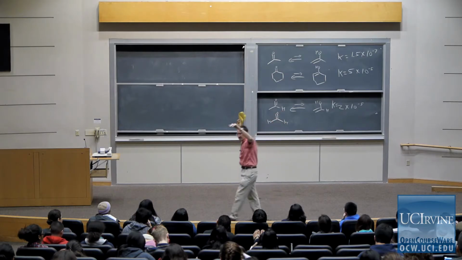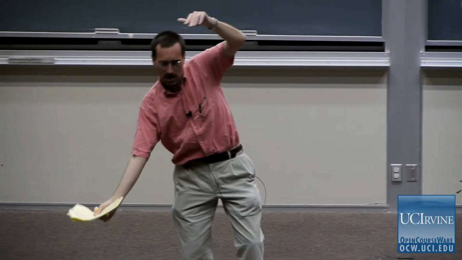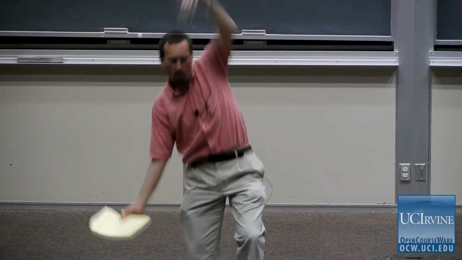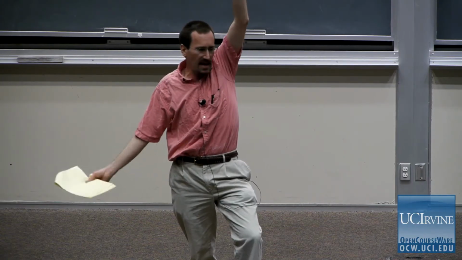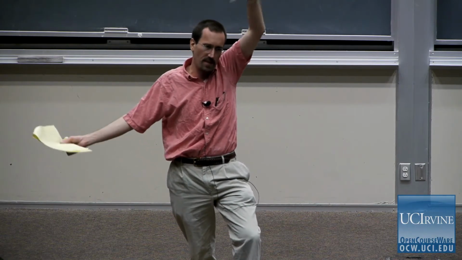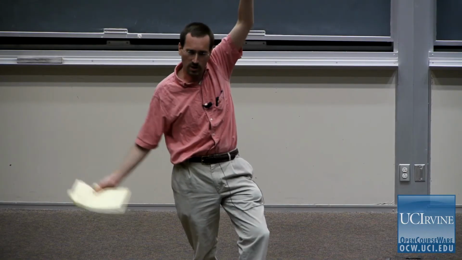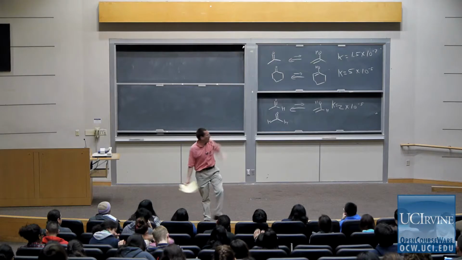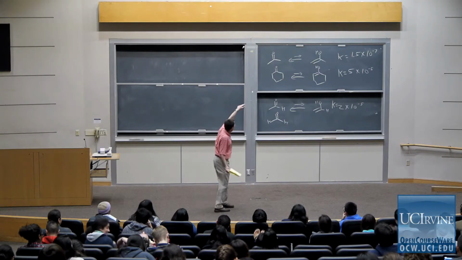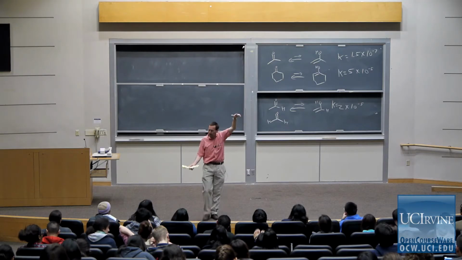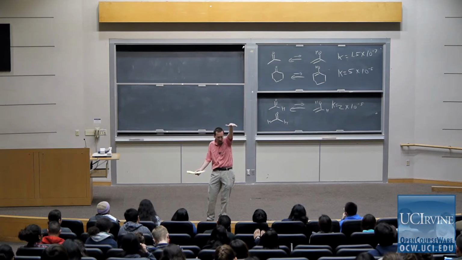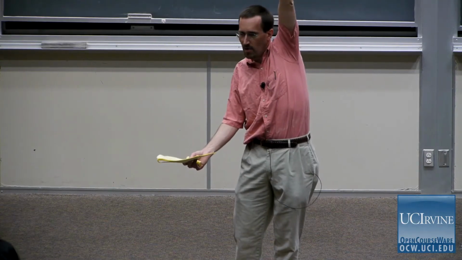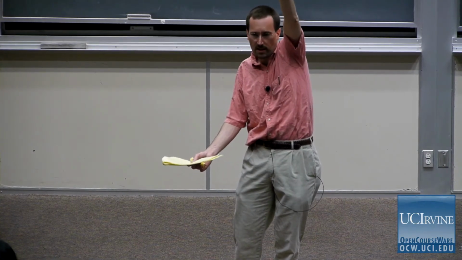So anything that either lowers the energy of the reactant or raises the energy of the product makes that equilibrium constant greater in magnitude, whether it's in one direction or the other direction. So when we talked about acetone versus cyclohexanone, they're both ketones, but we're lowering the energy of the enol by making the double bond more stable.